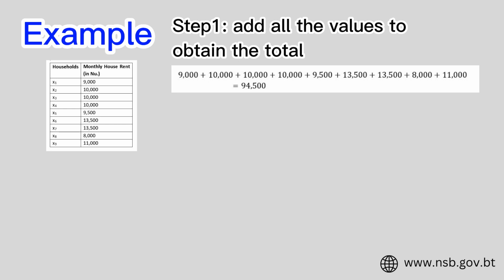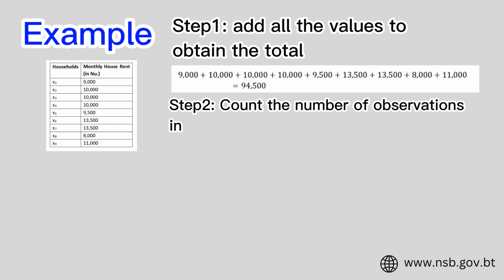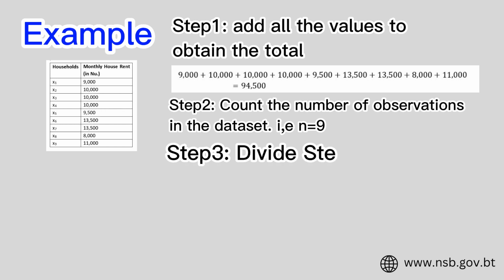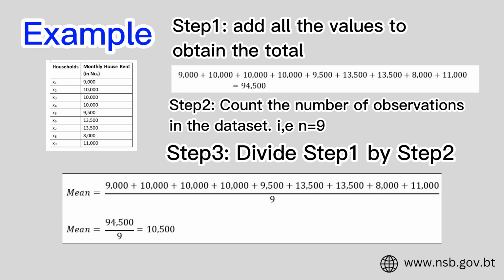In step 2, we count the number of observations in the data set. As you can see from the table, there are 9 observations. So, our small n is equal to 9. Step 3. Divide the answer in step 1 by the answer in step 2. So, the monthly mean house rent is 10,500.